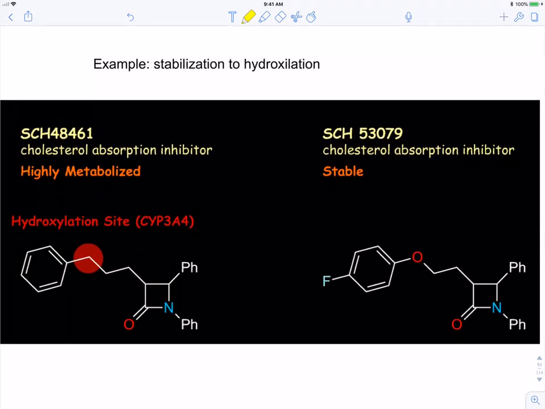This drug, which inhibits cholesterol absorption, has a weak site, and so can be hydroxylated at a benzylic position here. And by changing the molecule, by both deactivating the aromatic ring and changing this CH2 group to an oxygen here, we are preventing metabolism.